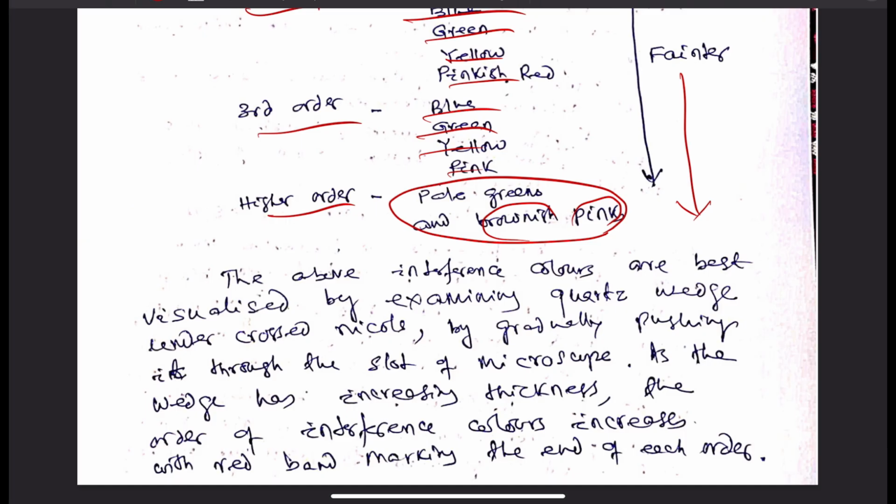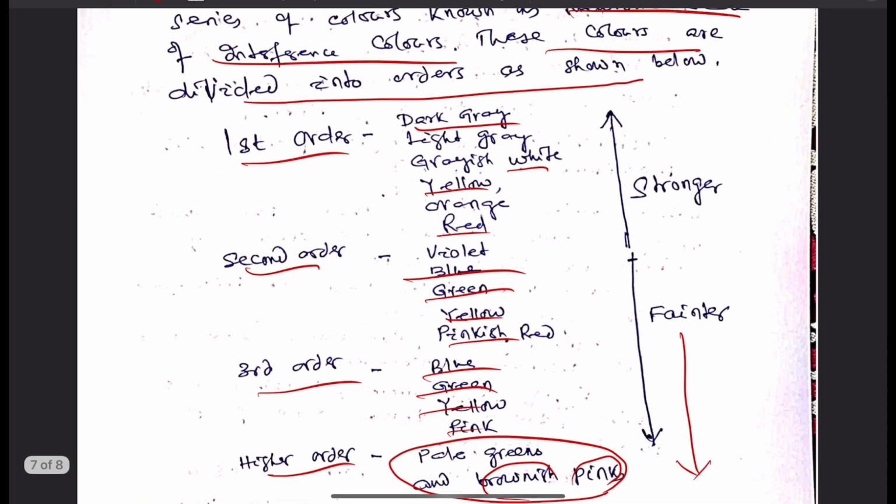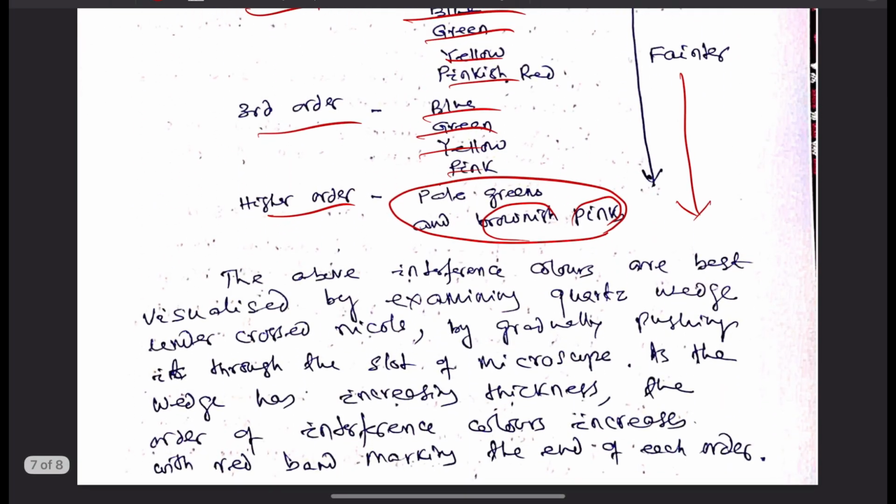and to identify these orders, we take use of the quartz wedge between crossed nicols to identify what are the colors of first order, what are the colors of second order.